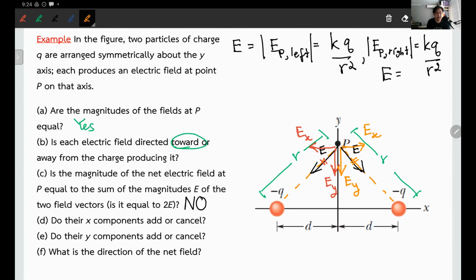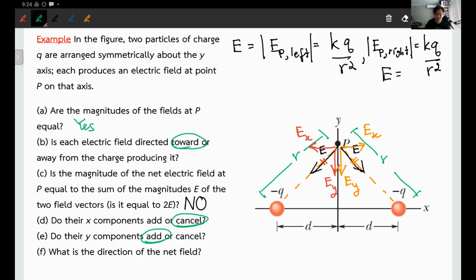All right, part D: do their X components add or cancel? The X components point in opposite directions, so definitely they're going to cancel. And do their Y components add or cancel? They're pointing in the same direction, so they're supposed to be added. And what should be the net field direction?